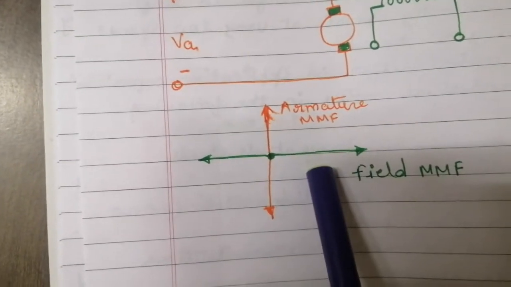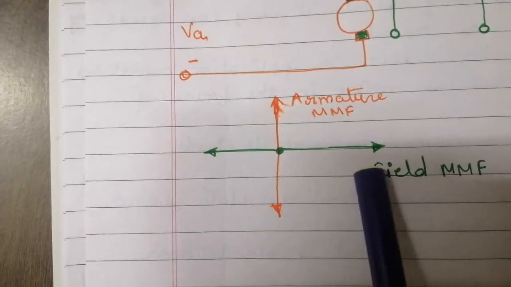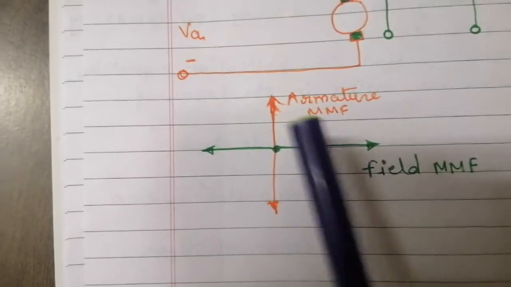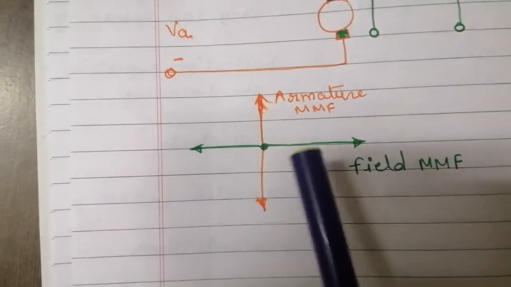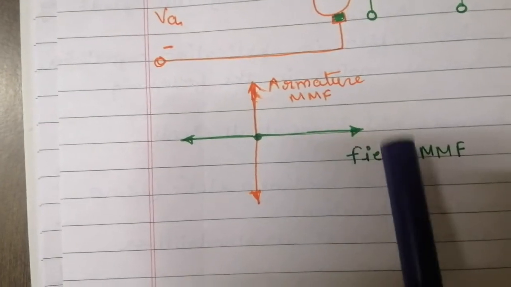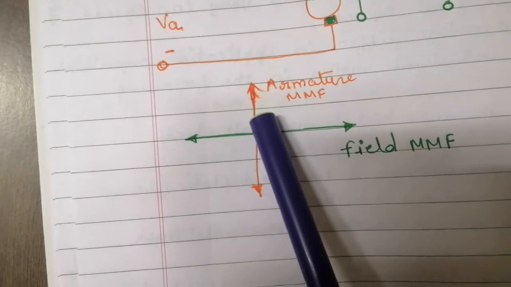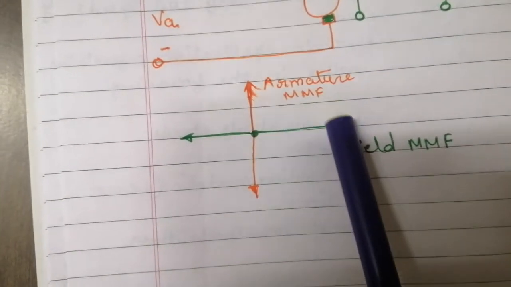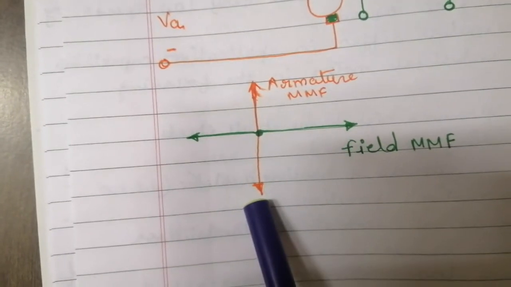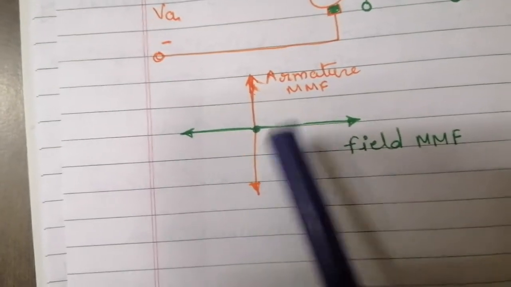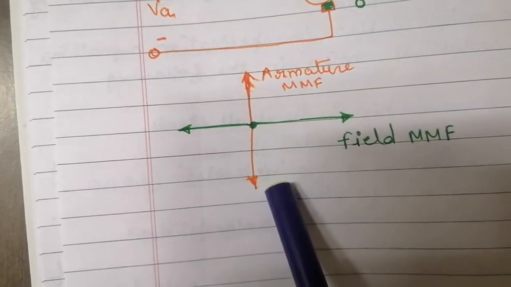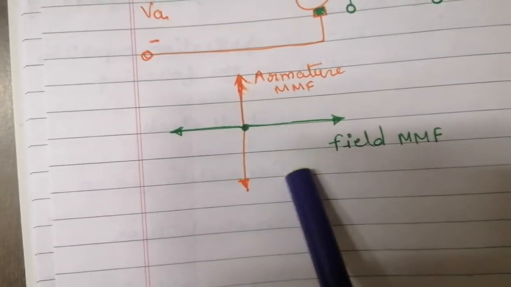This is the main feature of this motor, that the armature MMF and field MMF are both at 90 degrees, so with small step changes the motor can be moved from 0 degree to 30 degree, 60 degree, 90 degree, 180 degree, meaning the position of rotation of the motor can be reversed very easily.